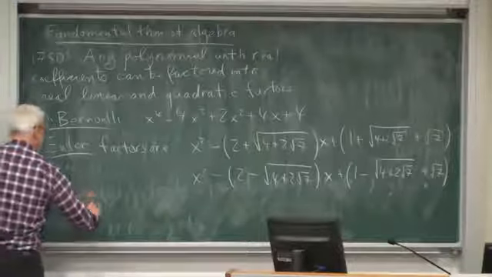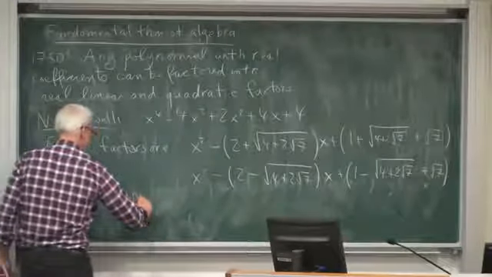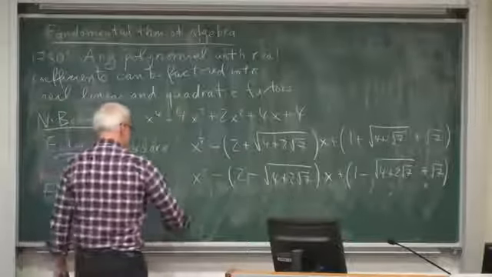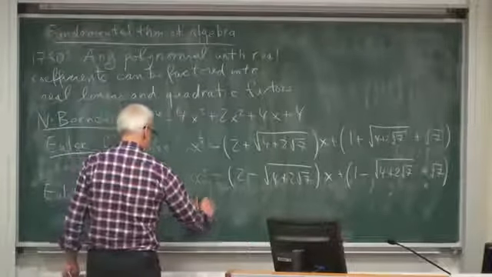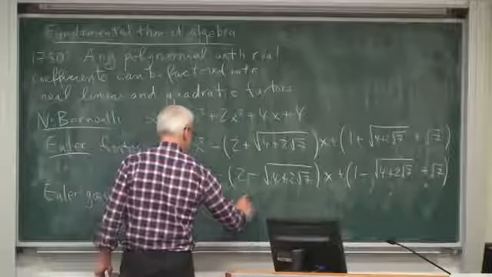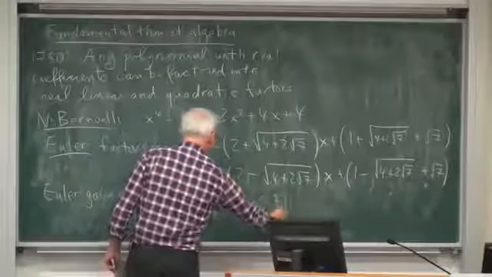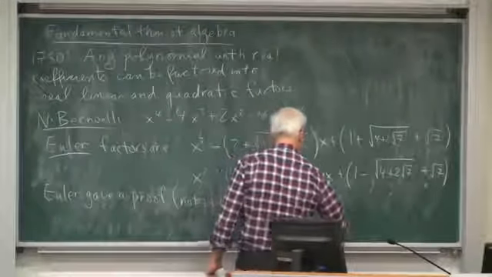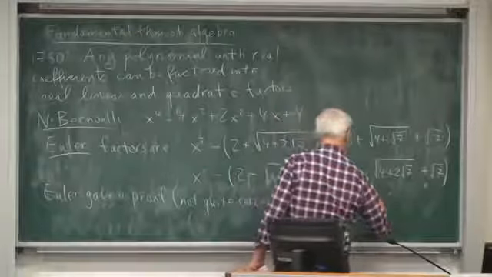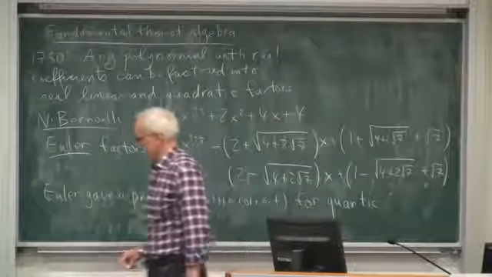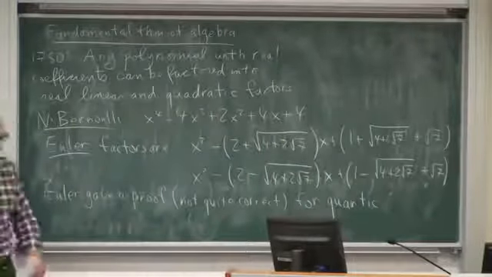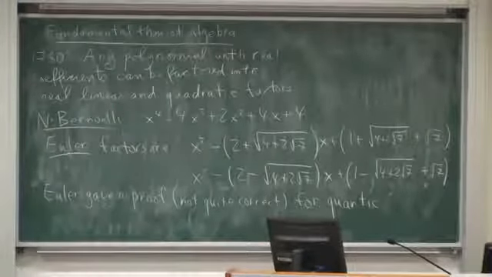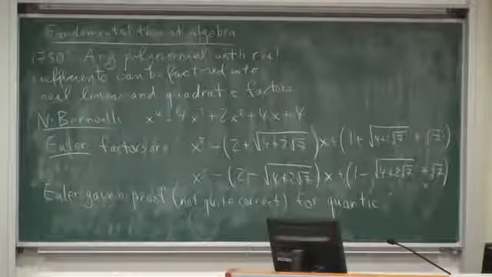So Euler gave a proof, but the proof was not quite correct, had some gaps. But this showed that this is computationally a difficult problem. And even today, it's still a computationally difficult problem.